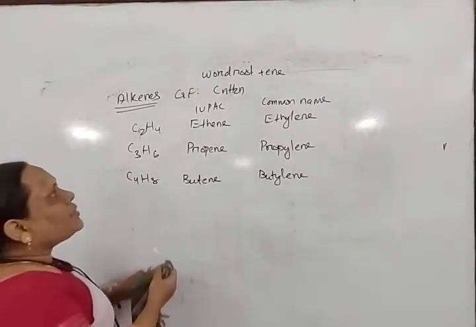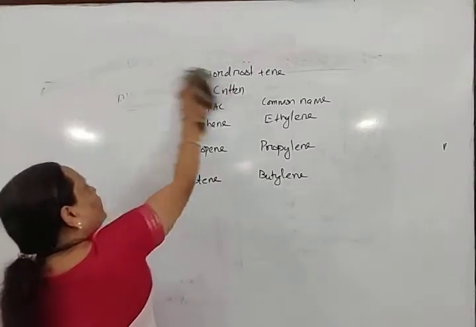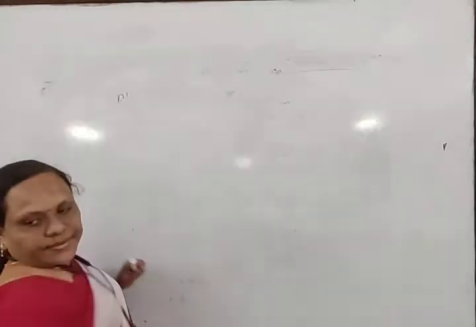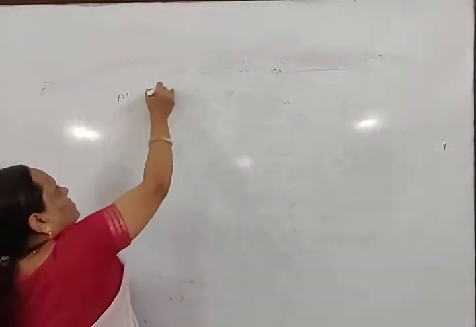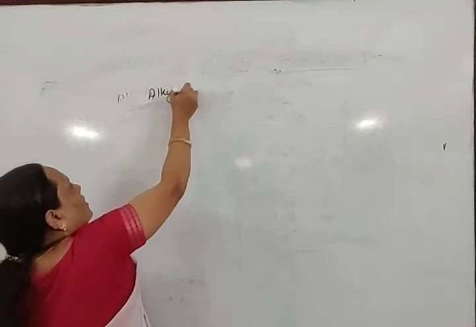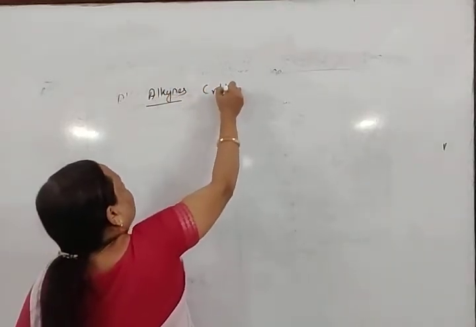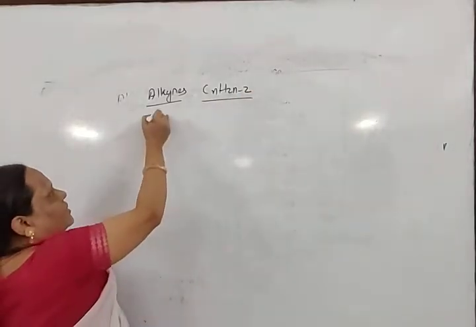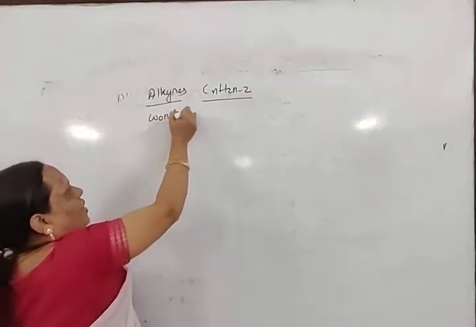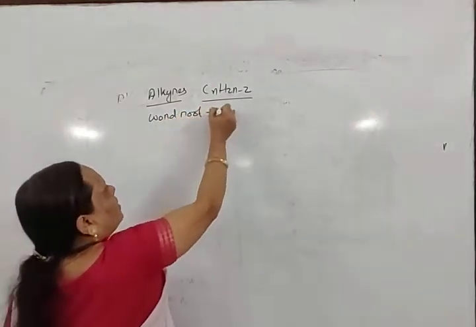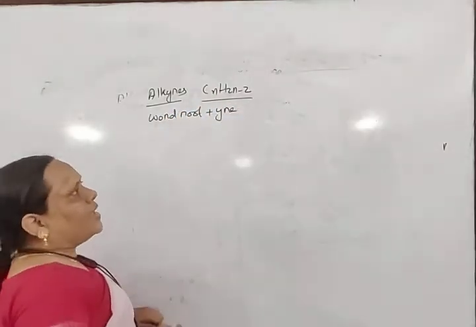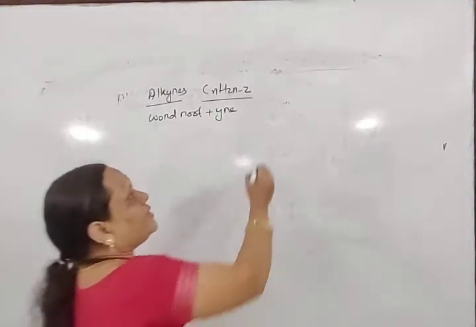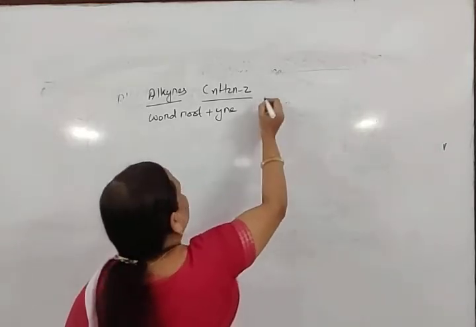Next, how to name alkynes. Alkynes have the general formula CnH2n minus 2. To name them, take the word root plus YNE. For common names, these are generally regarded as derivatives of acetylene.